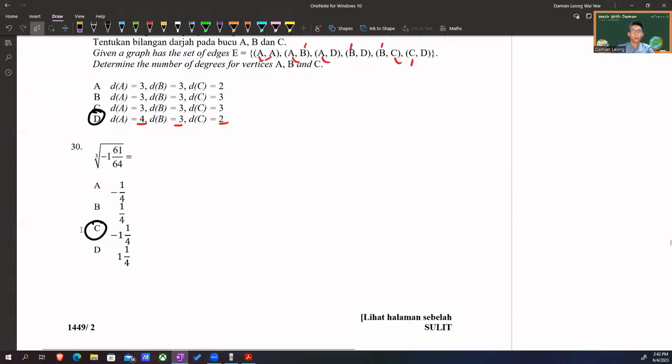But of course, if you don't want to do that, you can change it to an improper fraction first, that also works. So 64 plus 61, 125, then over 64. Cube root of 125 is 5. Cube root of 64 is 4. Then negative remains. Then change it back to a mixed number, 1 over 4. So negative 1 over 4.